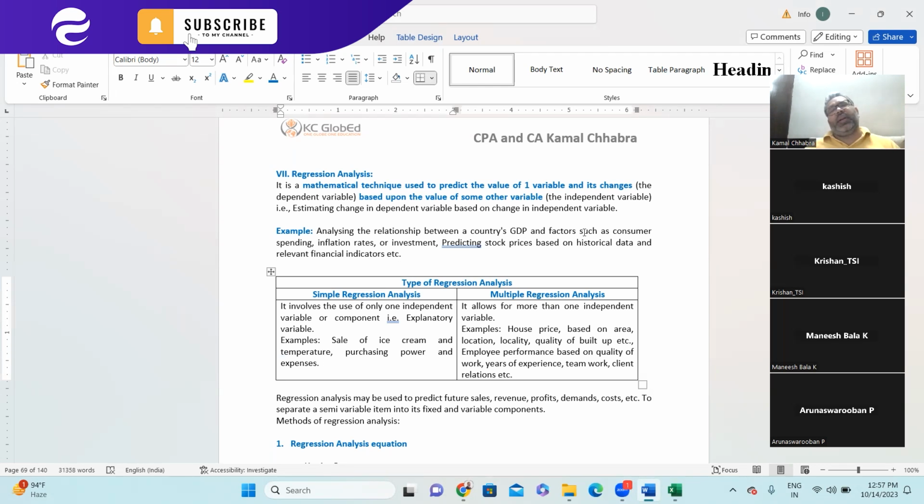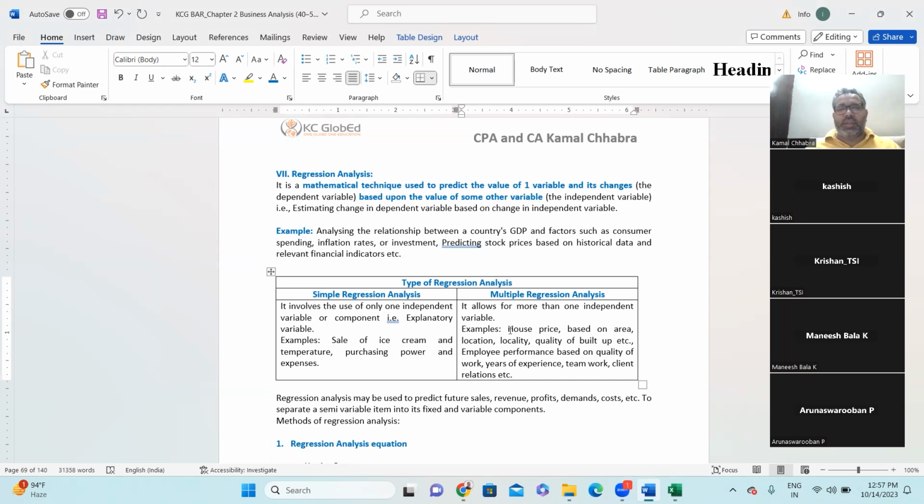When you have multiple regression analysis, that means multiple factors decide the action of the dependent component. It allows for more than one independent variable for analysis purposes. For example, when you purchase a house, what all things do you keep in mind?